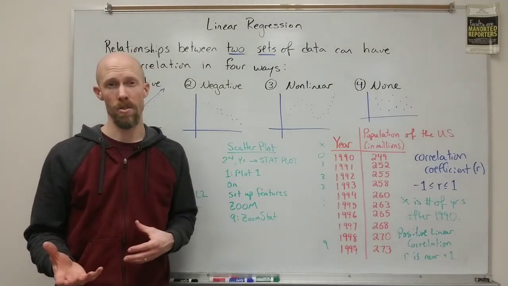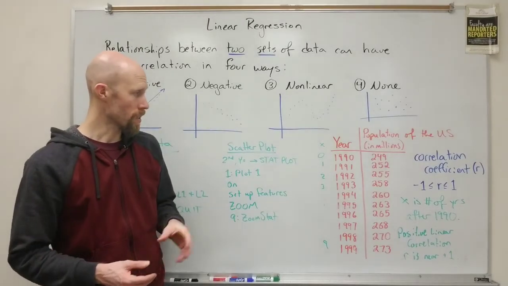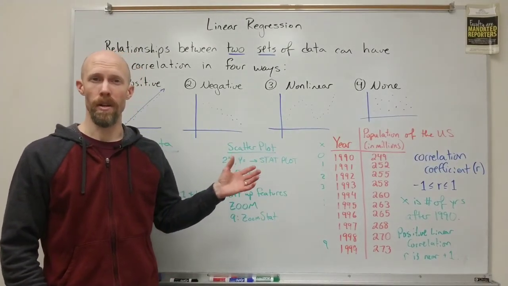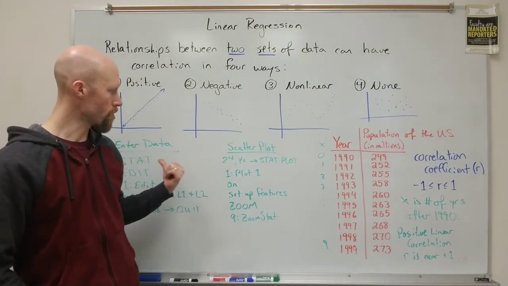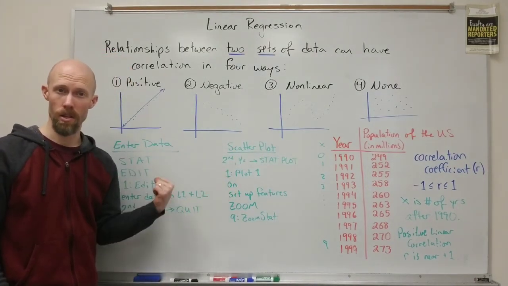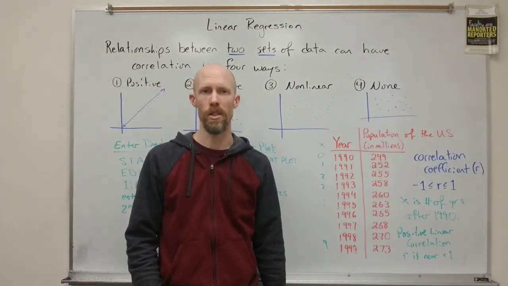I'm not really going to ask you to do any more than this in this course, but at least it gives you an idea of how to interpret what type of correlation you're looking at, how to enter things into the calculator so that you can see the scatter plot, and then what the correlation coefficient might be, at least within a reasonable range.